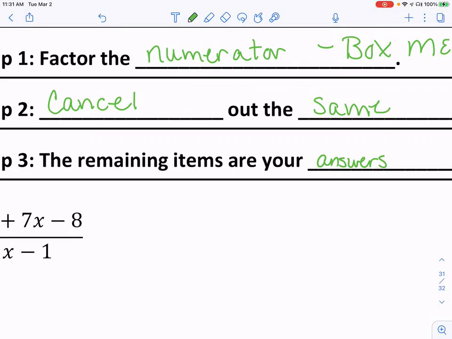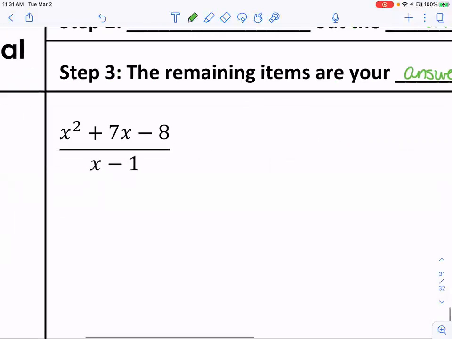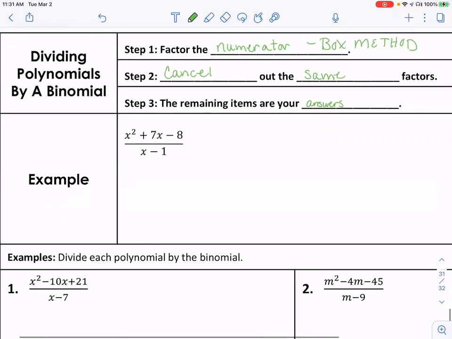So factor the numerator, cancel anything that matches. What is remaining is your answer. It's honestly only one more step, and if I could dare say, it's like a super easy step to what you've already been doing.